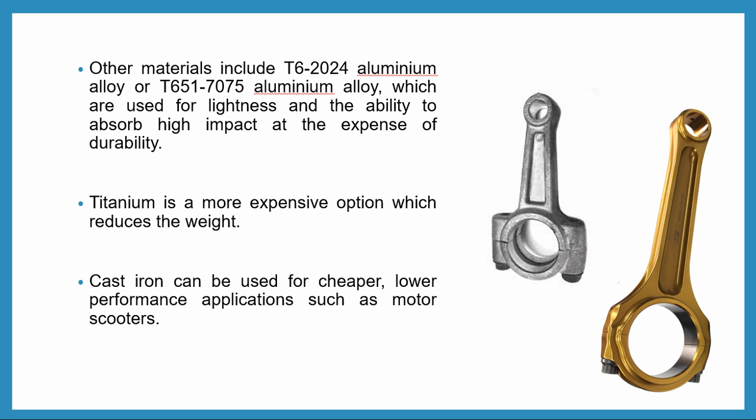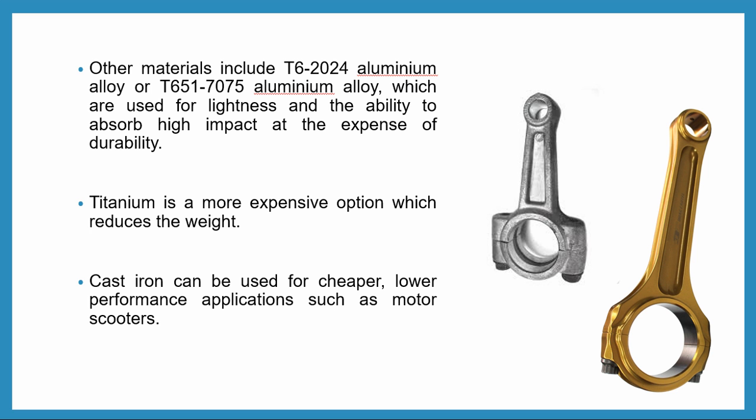These two types of steel, nickel chromium steel and molybdenum steel, are basically used as the manufacturing material of the connecting rod because of their high strength. Besides these types of steel, aluminium or aluminum alloy is also used as connecting rod material.